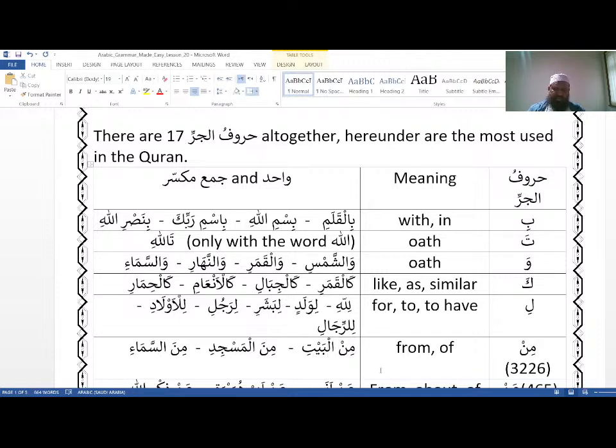I think we did learn this rule, that if we need to put haraka on a sukun, so when do we need to put haraka on sukun letter? When there's two letters coming together. The first sukun letter we put haraka. Normally the rule is we put kasra.